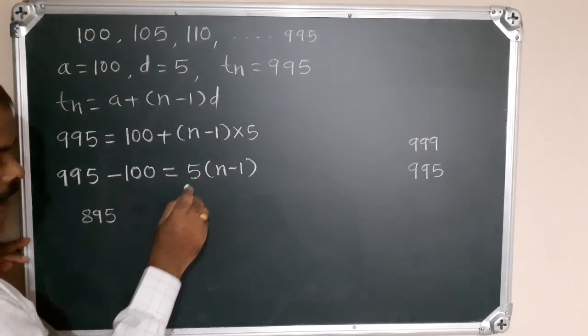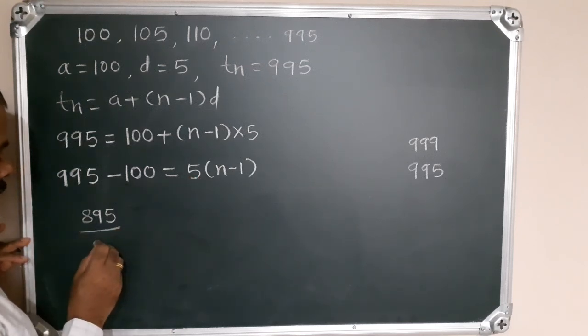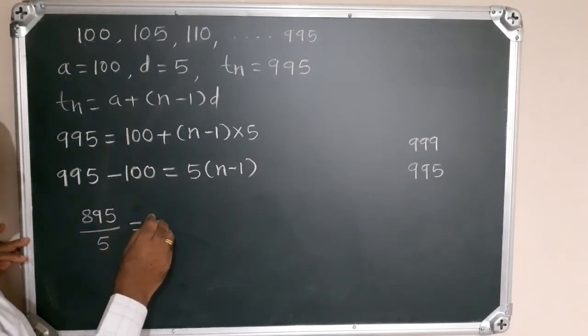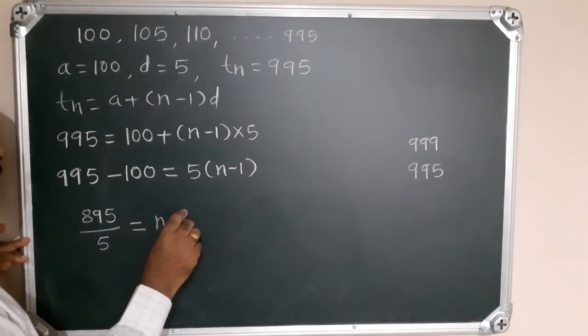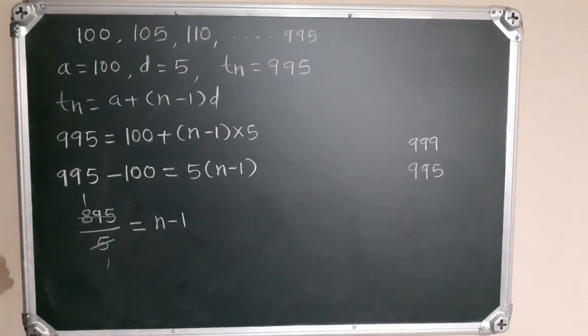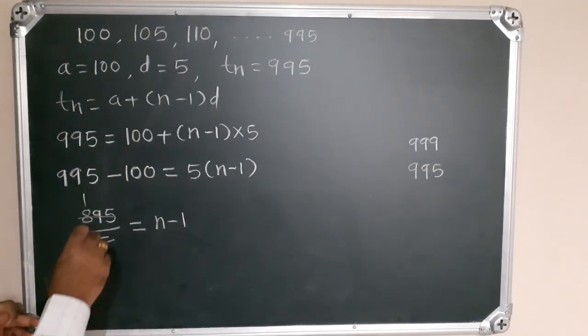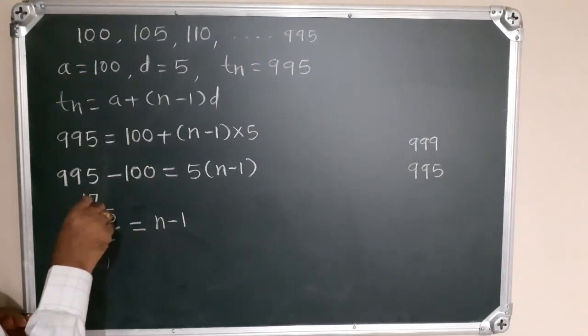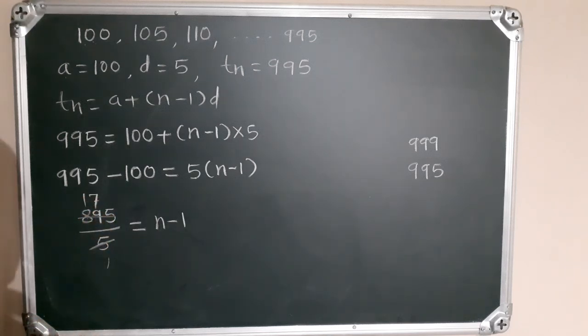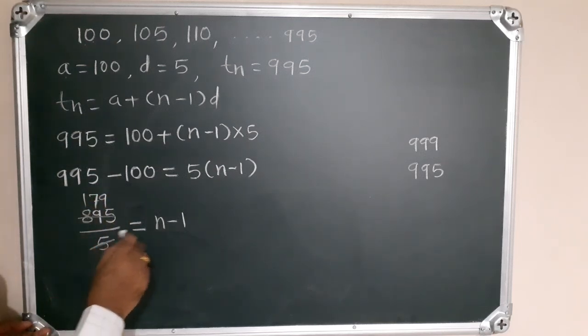This is multiplied by 5, so after taking it to this side, it will become divided by. So 895 upon 5 is equal to n minus 1. 5 1s are 5, 5 7s are 35, and 5 9s are 45.